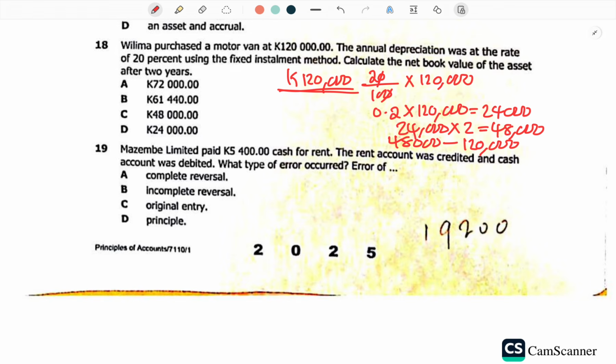We're saying 0.2 multiplied by 120,000, getting 24,000 multiplied by 2, 48,000. 120,000 minus 48,000. Okay. So you get your 120,000 minus 48,000. Whatever you're going to get is your value.